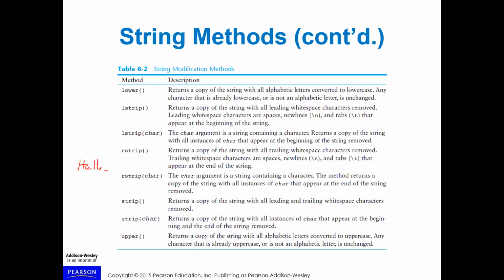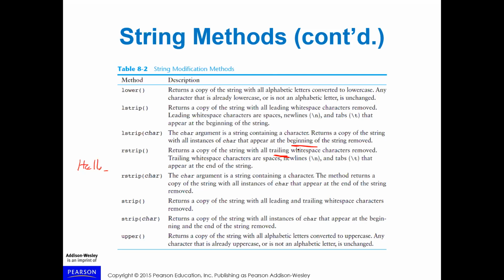rstrip returns a copy of the string with all trailing white space characters removed. And this would refer to the trailing spaces. So trailing would be the keyword versus beginning.